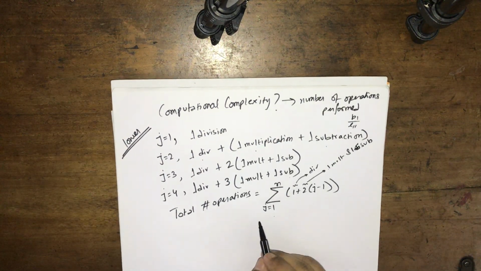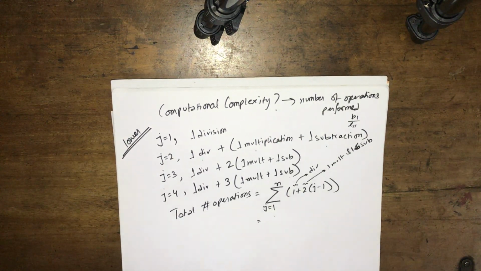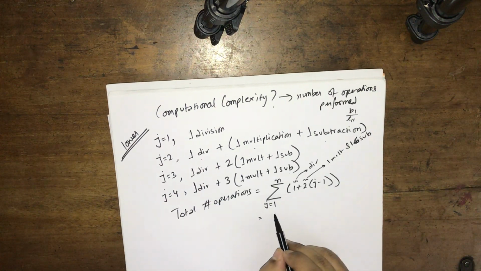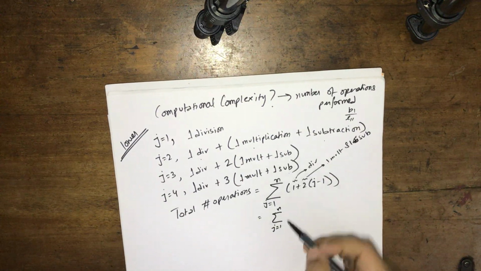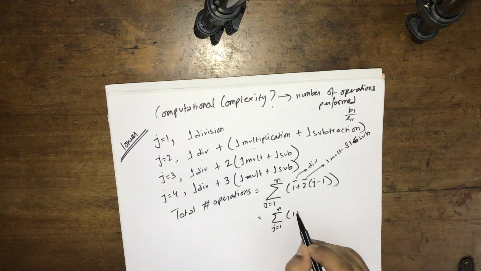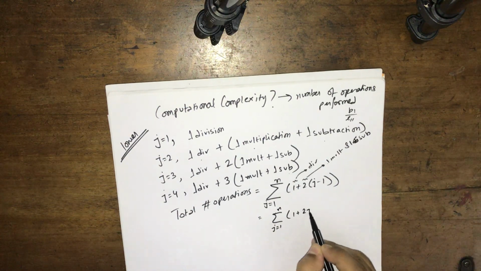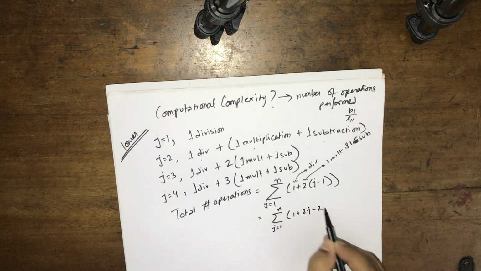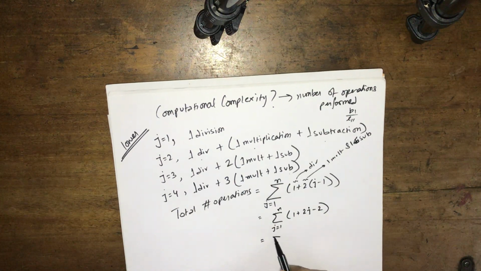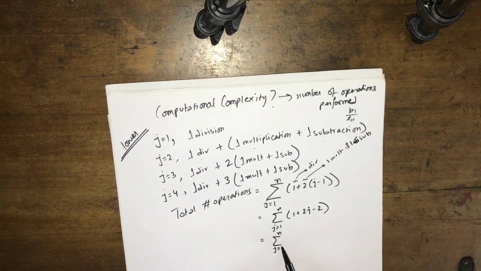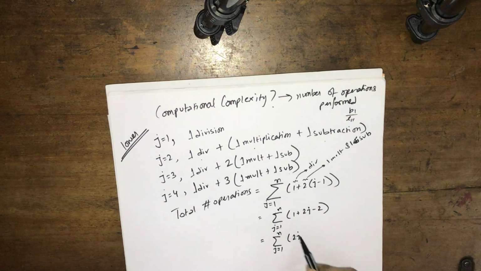So if we simplify this equation a bit, we can say the summation of j starting from 1 up to n, of 1 plus 2j minus 2. Just multiply it out. So this is j equals 1 onwards, 2j minus 1.